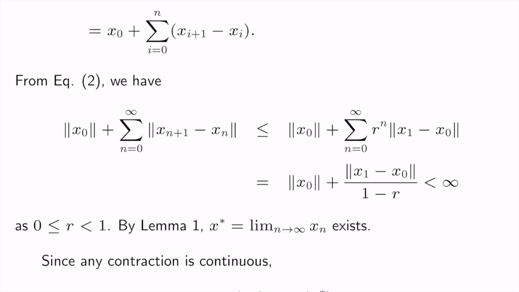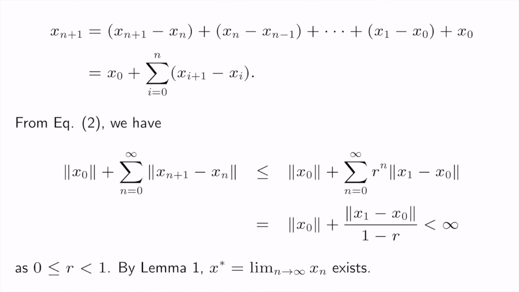So its sum is 1 over 1 minus r. And of course, this is a constant, less than infinity. So as n goes to infinity, this series is absolutely converging. And we have proved in lemma 1 that an absolutely converging series is convergent.